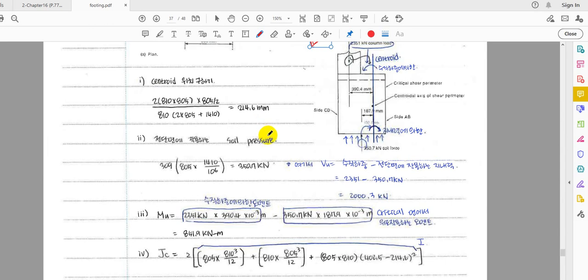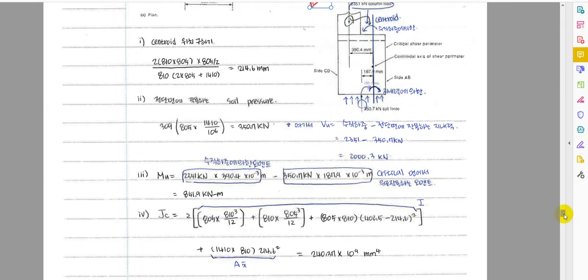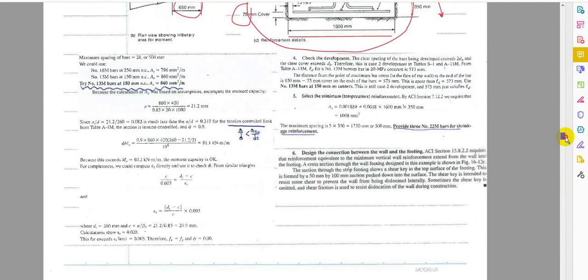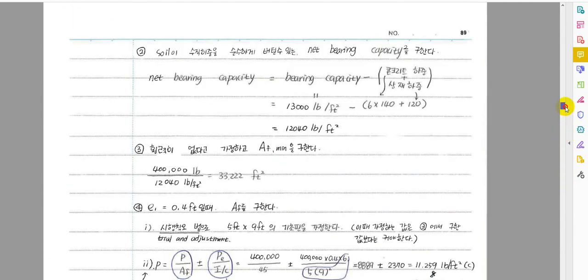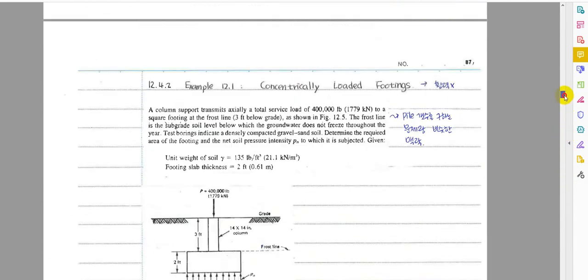So we're probably going to spend 1 or 2 video clips discussing deep foundations, which are pile foundations. And pile foundations also require you to take care of a pile cap, which is similar to shallow foundations.